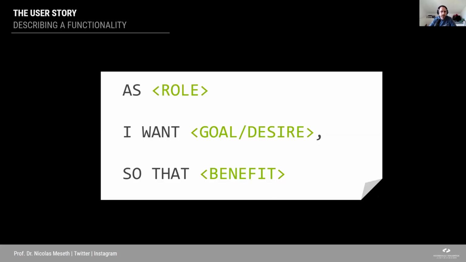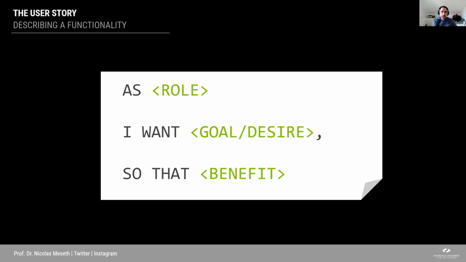So the user story then, what is it? The user story is basically a way to describe a functionality. So it's for the functional requirements, to describe functional requirements. And the question is how could we best describe functional requirements in a sense that it's especially easy to come up with.